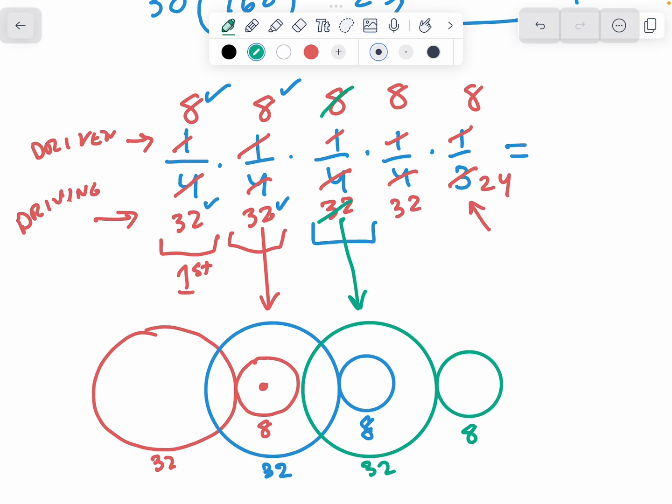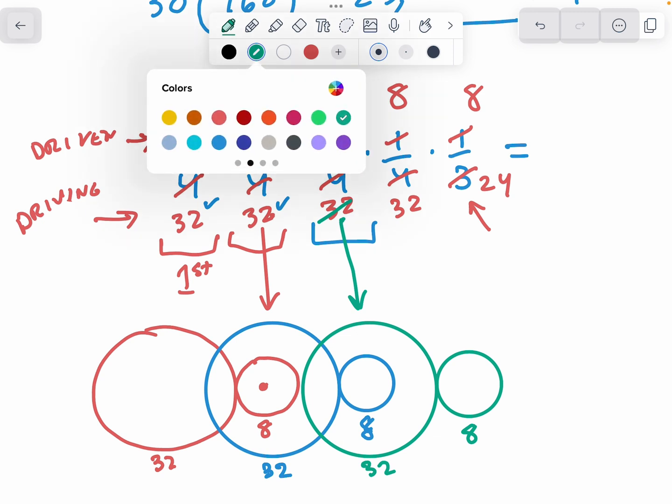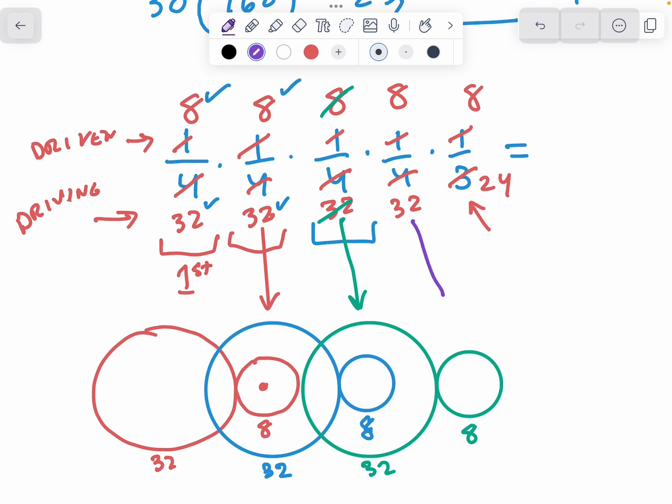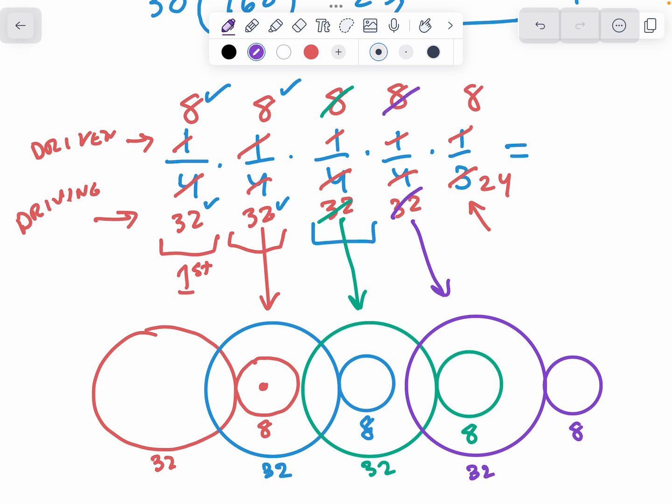Okay, so now we're on the fourth one. That 32 is going to be here, so I'm going to do a big circle. This is going to be 32, and it's going to be driving an 8. So that's my 32 and 8.